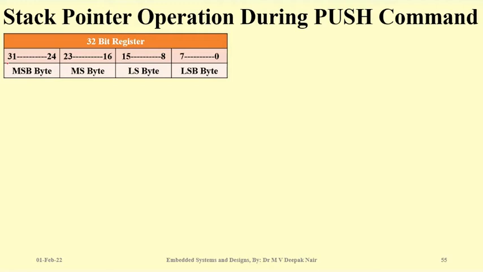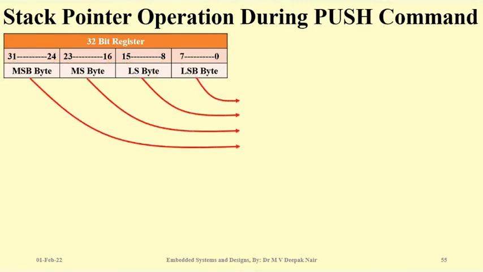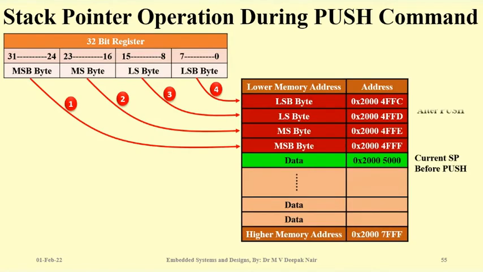We can break it down like this: bit 31 to bit 24 is the MSB byte, then 23 to 16 the MS byte, 15 to 8 the LS byte, and bit 7 to 0 the LSB byte. How is this data moved when we pass a push command, and how is the stack arranged? First the MSB byte moves, then the MS byte, then the LS byte, and then the LSB byte.